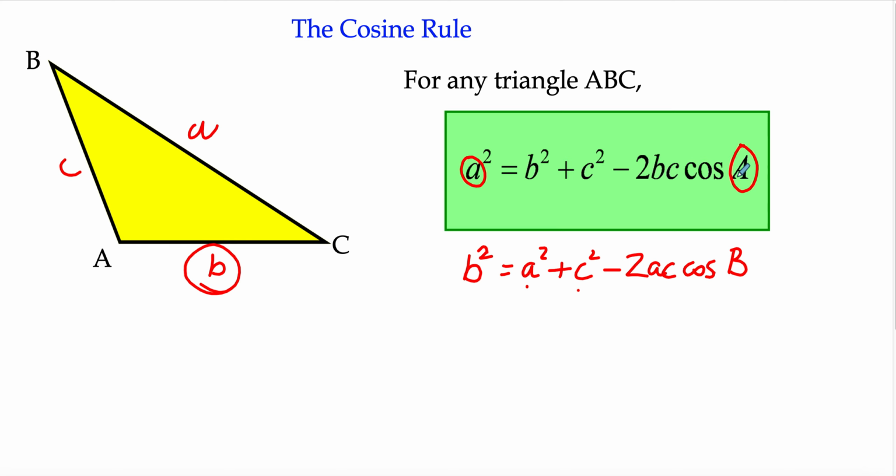So the same letter should appear at the very beginning and the very end of your formula when you write it out. Okay, in this case I've got small b and capital B.